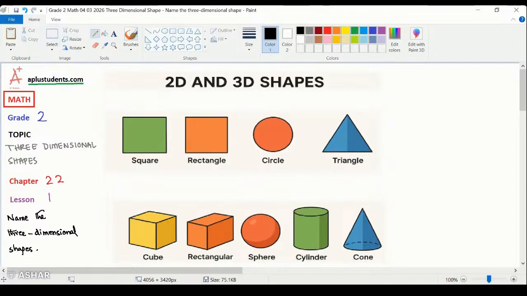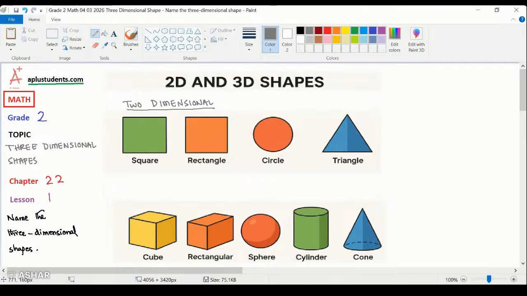So these are 2-dimensional shapes, right? The example is, if you are in a room, you have 4 walls, right?